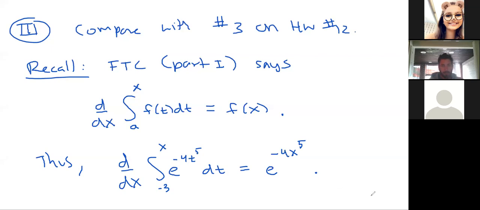Let's look at another example that's quite similar. So similarly, let's take something like the derivative of this integral.